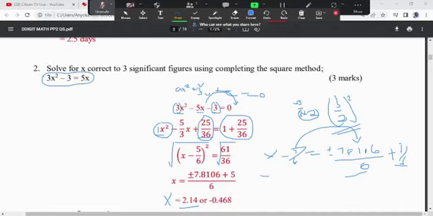If we get negative 7.8106 plus 5, then divided by 6, we get negative 0.468 as the answer. So that is the process of completing the square as we have narrated all through.